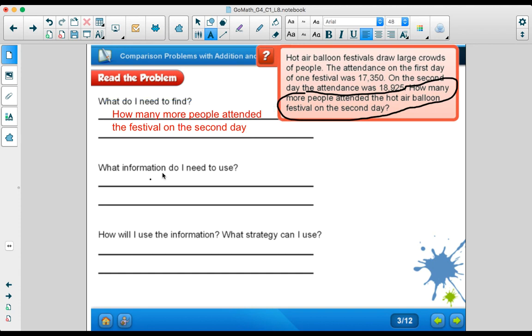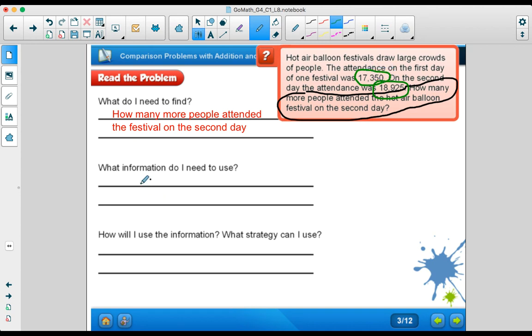Okay. What information do I need to use? Well, I need to know how many people attended on the second day and how many people attended on the first day. So, on the second day, 18,925 people attended, and on the first day, 17,350 people attended.